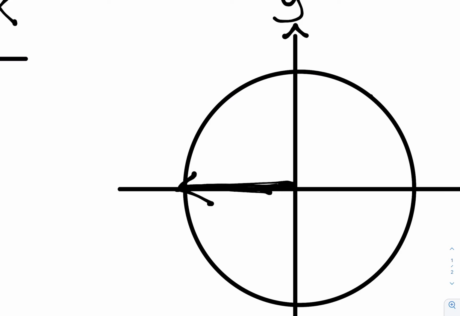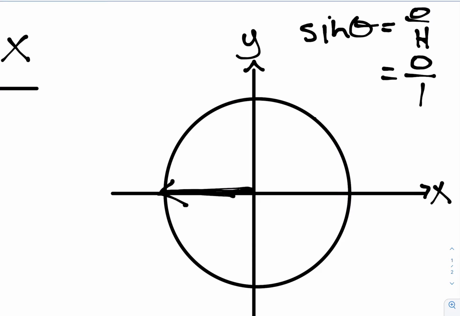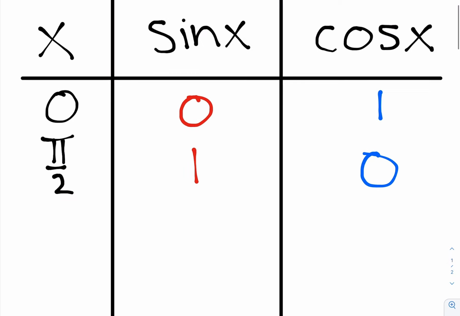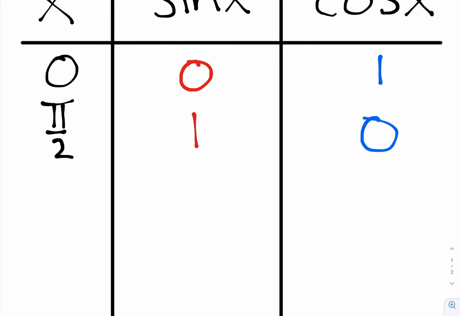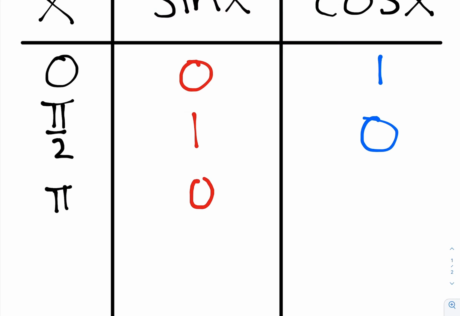Okay, so if this is pi, our angle, in standard position, right, the sine of our angle theta, or x, whatever we call it, is going to be equal to the o over h. Now remember, the o is the vertical component. There's no vertical component here, so it's going to be 0 over 1, which is 0. So the sine of pi is going to be equal to 0.